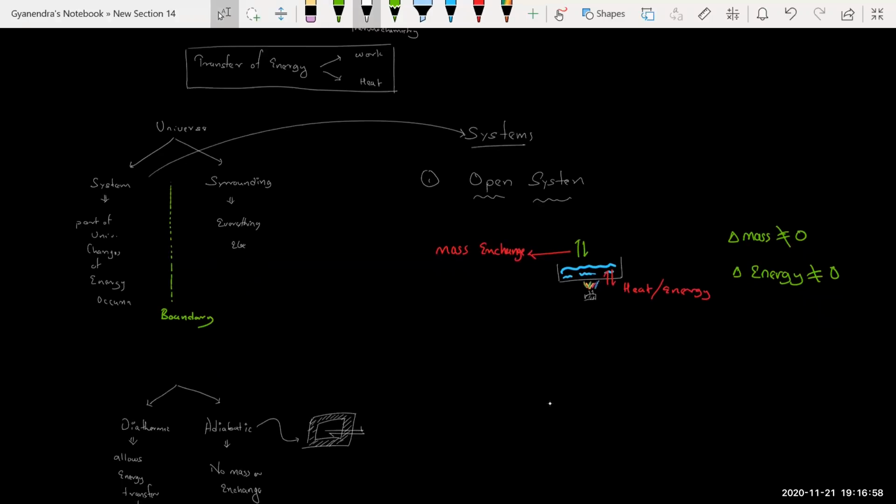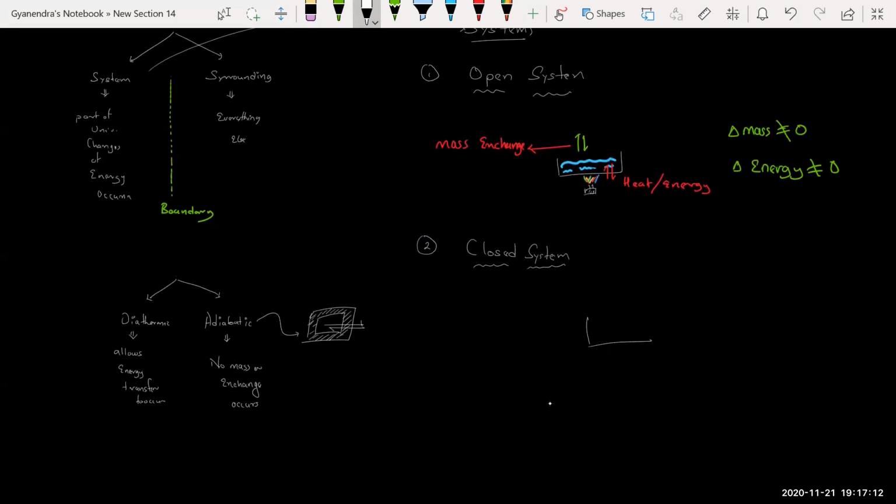So let us move to the second kind of system, Dinesh. The second system is the closed system. Only energy is getting exchanged. Now this time you are trying to cook something in a closed container, maybe using a cooker.